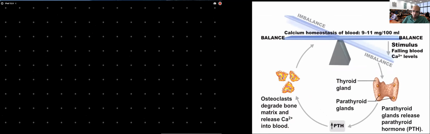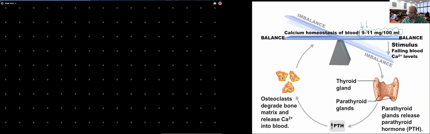A very important homeostatic balance I need to keep is the blood calcium level. And remember, I need to have a normal blood calcium level in order to maintain normal cardiac function and normal function of the nervous system.